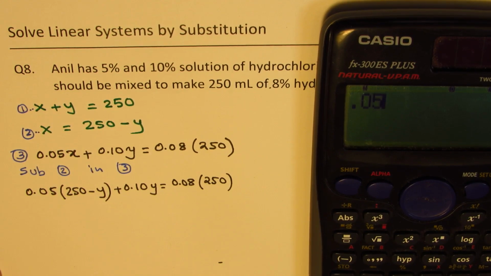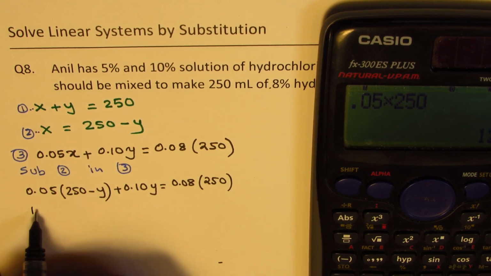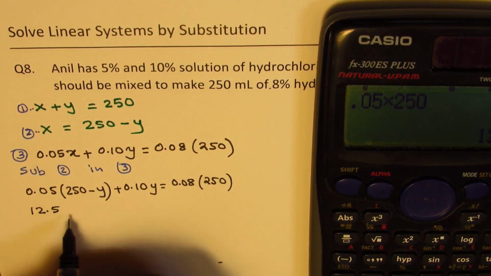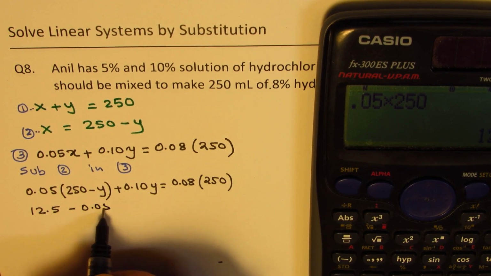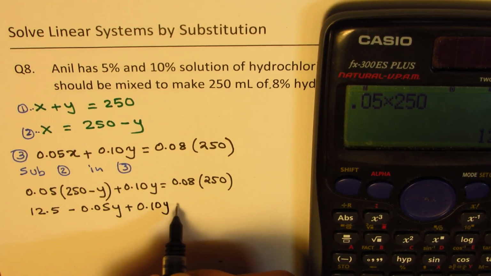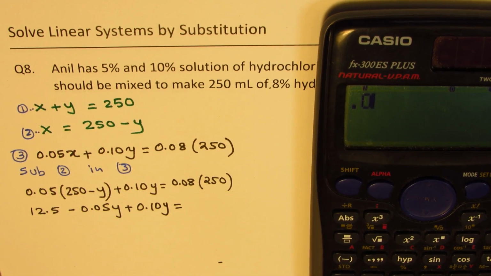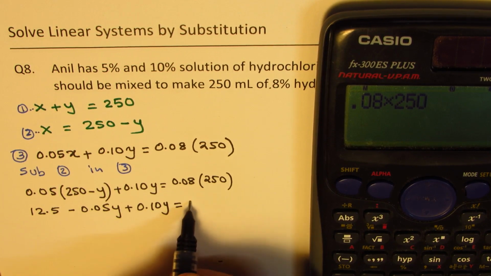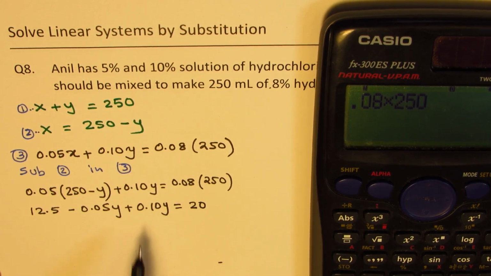So 0.05 times 250 equals 25 by 2, which is 12.5, minus 0.05y plus 0.10y equals 0.08 times 250. That is 20. Clear?